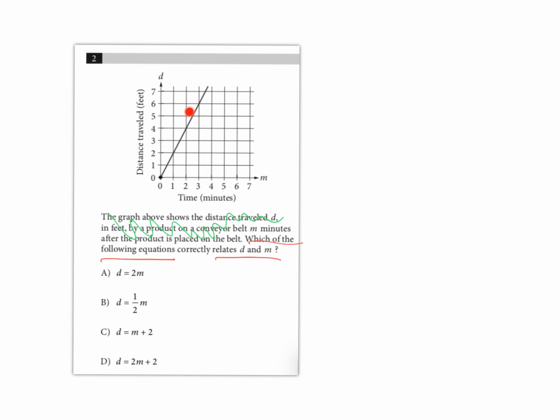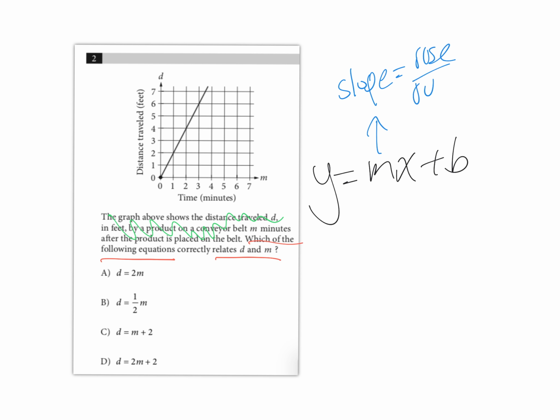So instantly you should be like, oh, when have I learned linear? You should go back to Algebra 1, which many of you had with me, and we learned y equals mx plus b. So very likely in this problem, you will be looking at an equation in this form, where, if you remember correctly, m is your slope, which you know as rise over run, or in terms of a formula, y2 minus y1 over x2 minus x1.